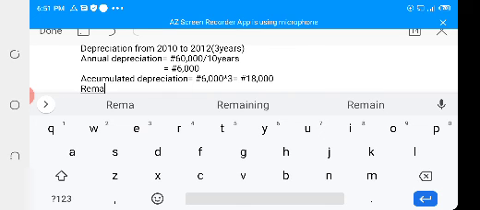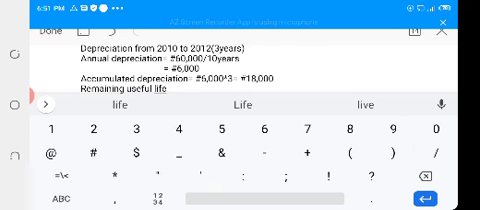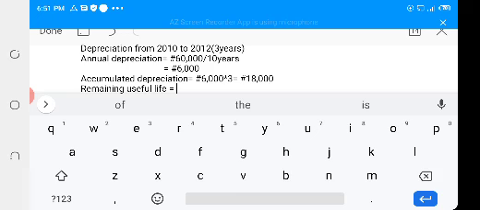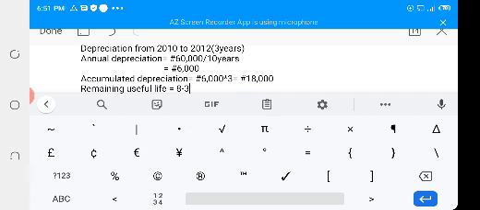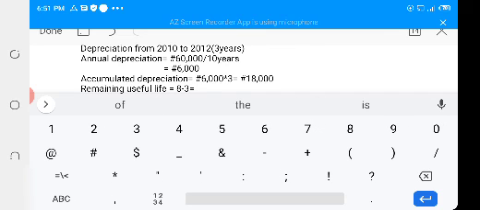The remaining useful life now equals, they've changed it from 10 years to 8 years. The total will be 8 years, and we've charged 3 years before, so minus 3 years. So we're having 5 years now.